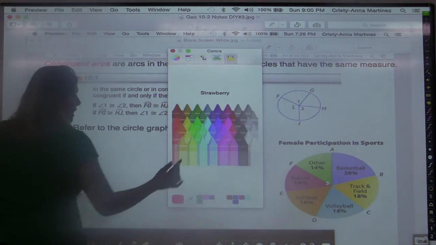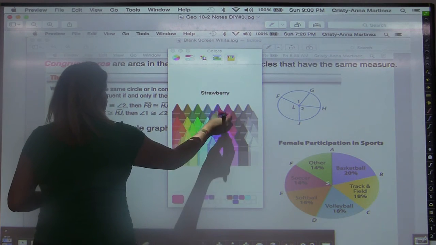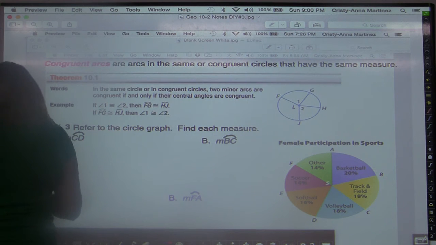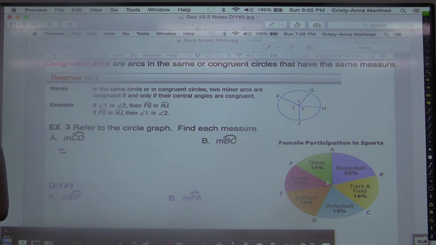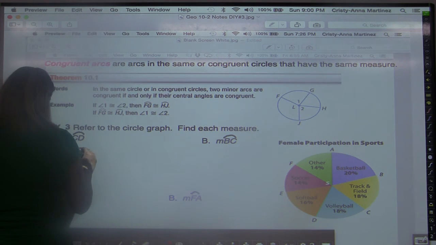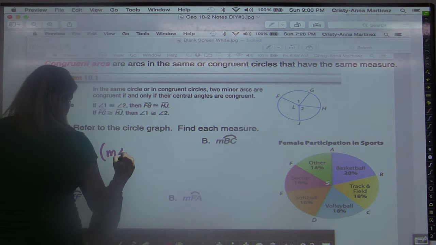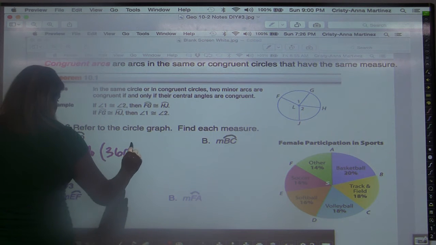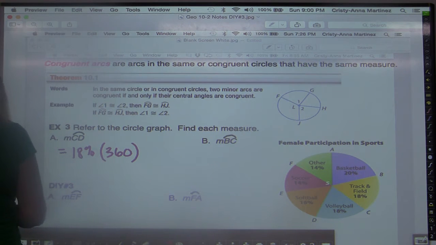So the measurement of arc CD is going to be 18% of the entire circle, which is 360 degrees.